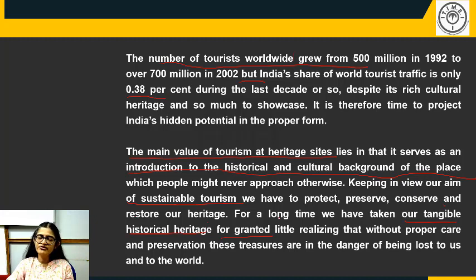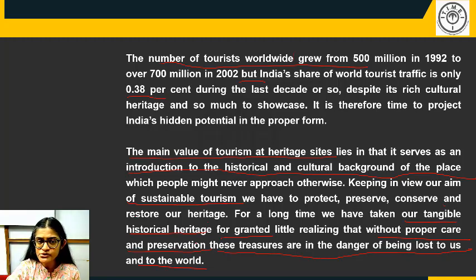That is called taking for granted. Little realizing means not realizing that without proper care and preservation, these treasures are in the danger of being lost to us and to the world. So what are we not aware of? The importance of caring for and preserving these historical sites. Okay.